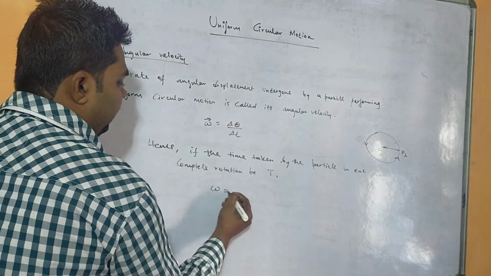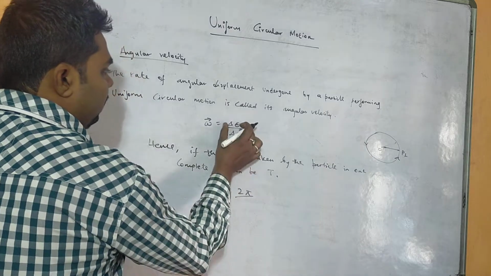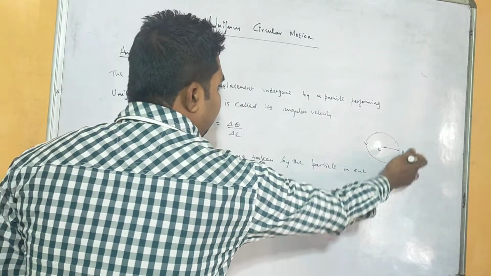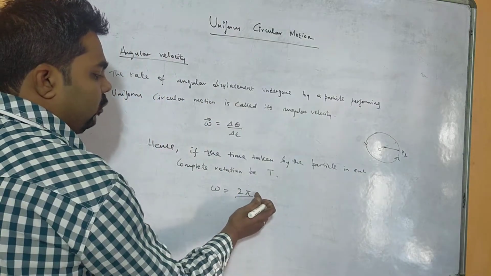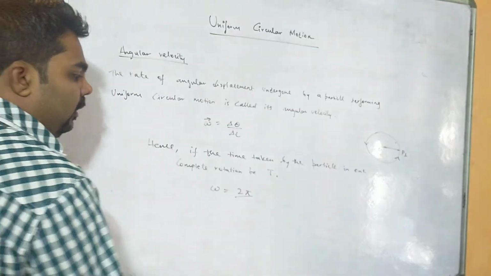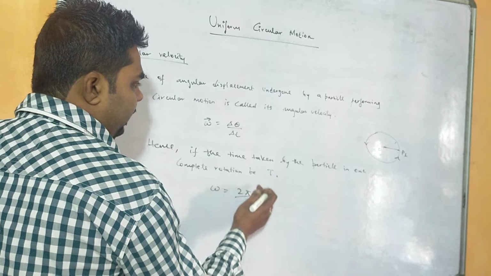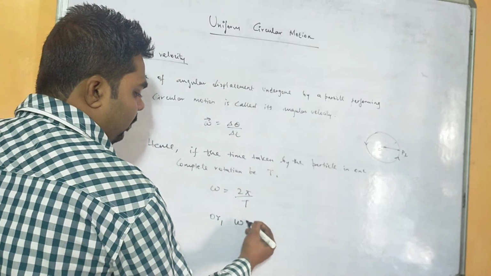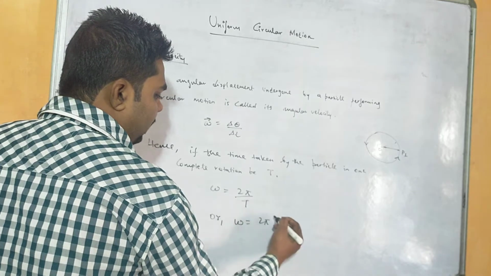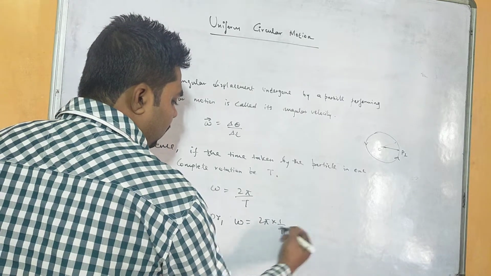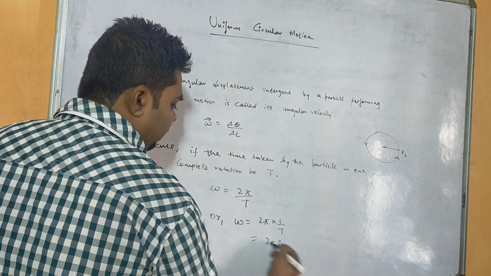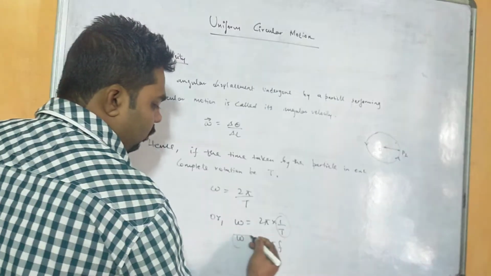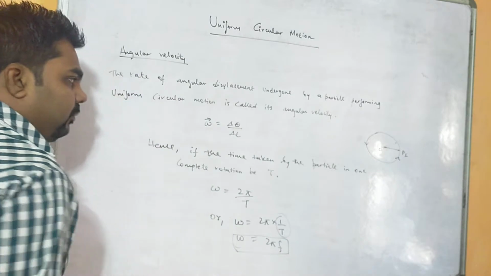Okay, so omega can be written as 2 pi in place of angular displacement del theta, the total angle change is 360 degrees, that means 2 into 180, pi is 180, so 2 pi by T, right? Or this can be written as omega equals 2 pi into 1 by T, or 2 pi into f, because 1 by time period is frequency, so omega can also be written as 2 pi f, right?